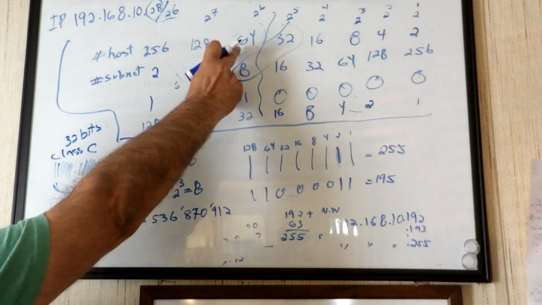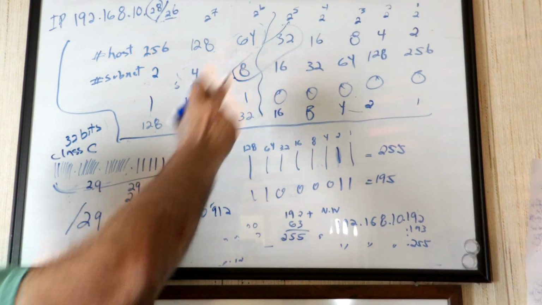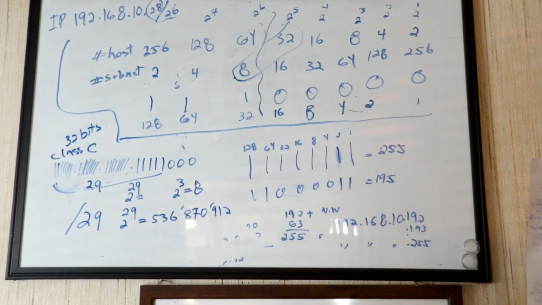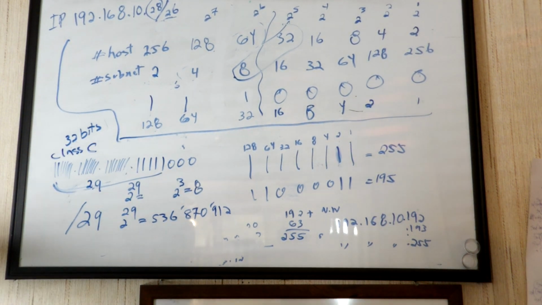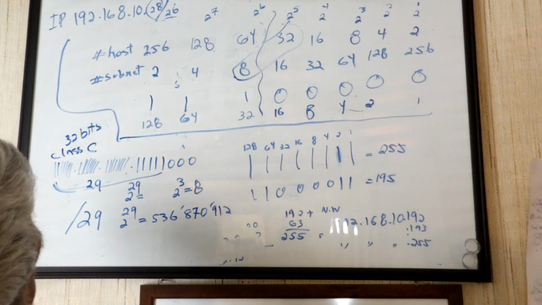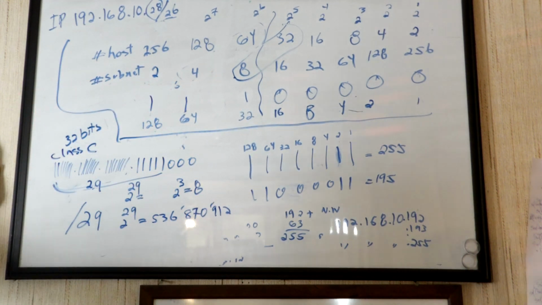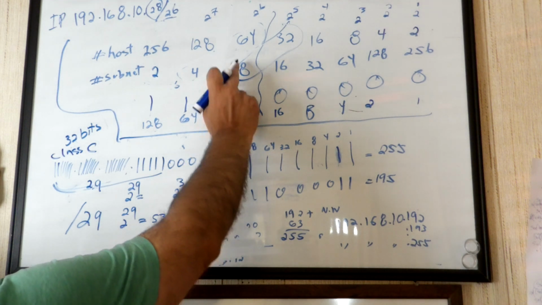So we have to get 64 hosts. Host means the computer. What we are talking about here is the number of computers. The company has 64 hosts, so you have to choose this one.